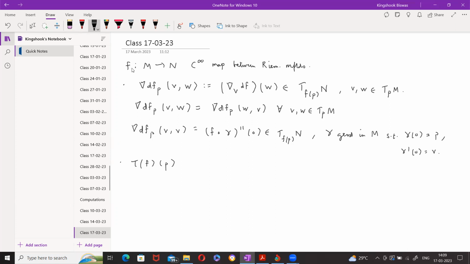Okay. And then the tension field, tau F, was a section of the pullback bundle F*TN. This was defined to be the trace of the symmetric bilinear map nabla df.